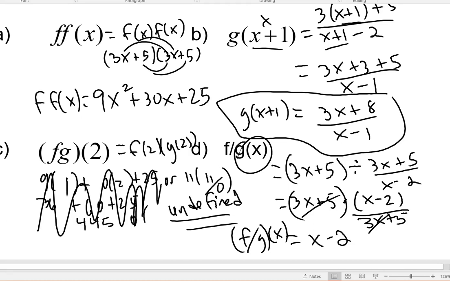So that means in this example, the domain x can still not be 2. But the other issue was that we put a 3x plus 5 in the denominator. So actually we would also get that 3x plus 5 cannot equal 0. So we would have a second restriction on the domain, which would be negative 5/3.